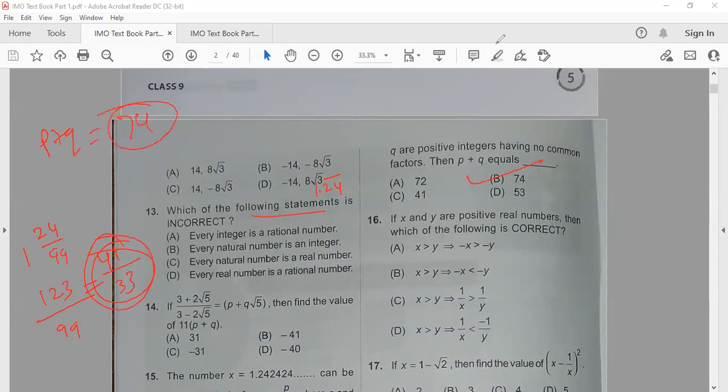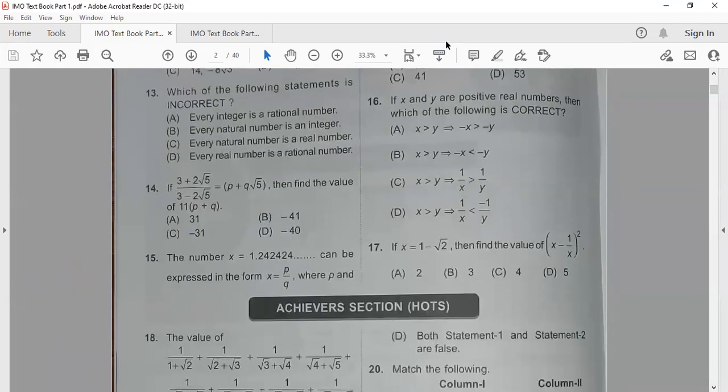Now next one, 16th. x, y positive, then which of the following is correct? If x is greater than y, look at this concept. If x and y both are positive and x is greater than y, when you multiply both sides with a minus sign, the inequality will change.